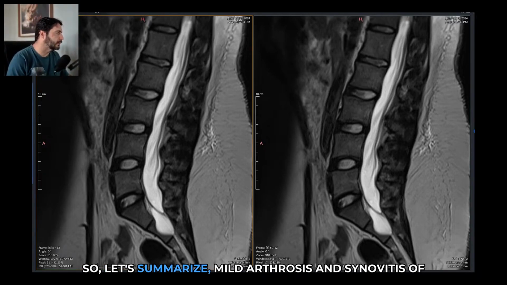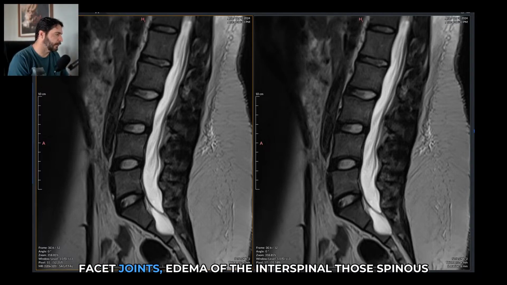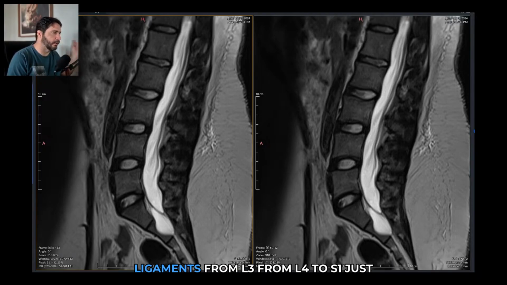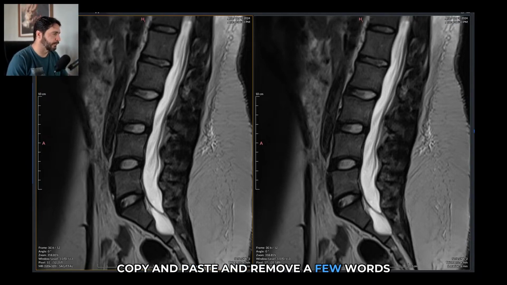So let's summarize: mild arthrosis and synovitis of facet joints, edema of the interspinous ligaments from L4 to S1. Just copy and paste and remove a few words because it's easier.